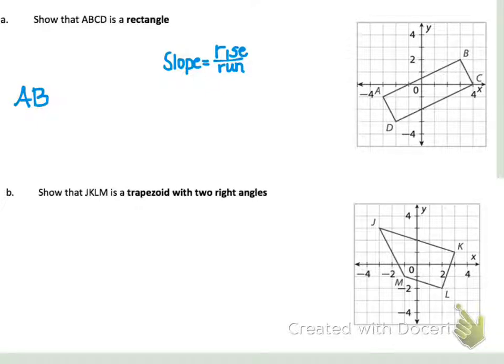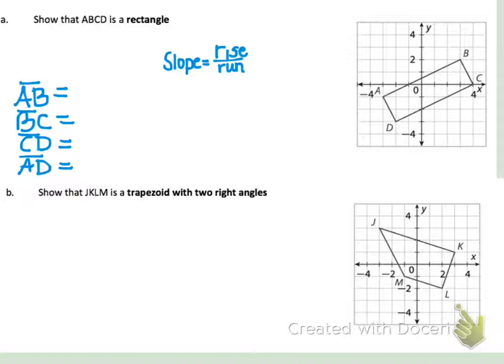Anyway, we're going to find the slopes of AB, BC, CD, and AD. So for all the sides, we'll take a look at their slopes and see if we can establish that the sides that are next to each other, the consecutive sides, are perpendicular. We'll start with AB.